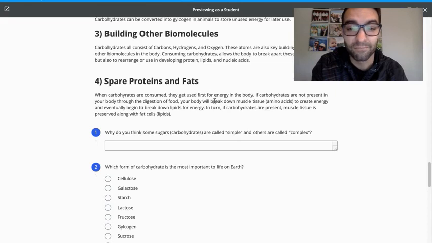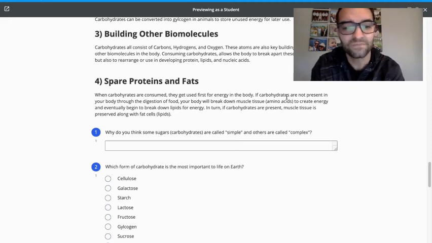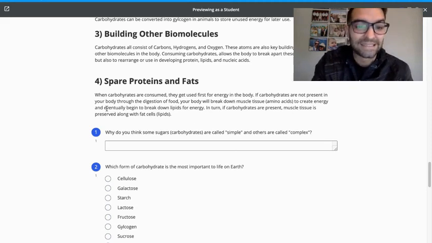It'll start breaking apart your muscles, quite literally the proteins that form your muscles, because they're in the form of amino acids, and it'll take those bonds and break them apart for energy. So really making sure you're consuming food, especially if you're trying to build muscle or maintain muscle, is incredibly important.